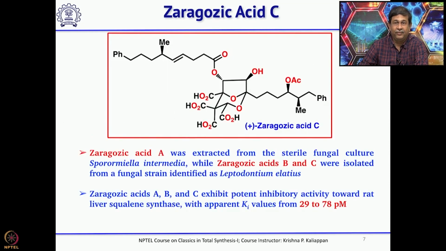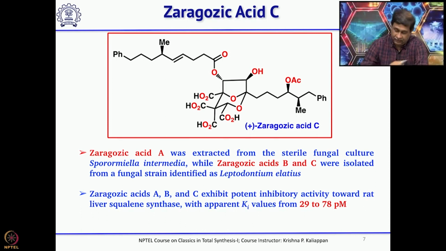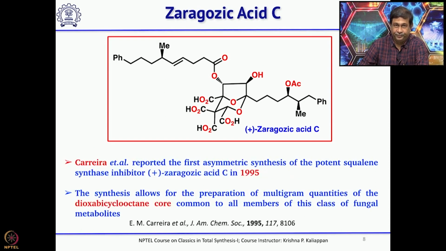And today we will talk about the total synthesis of Zaragozic acid C reported by Eric Carreira's group. This was the first total synthesis, reported in 1995, and his idea was to use commercially available D-erythrolactone as a starting material and build upon the chiral centers present in erythrolactone.